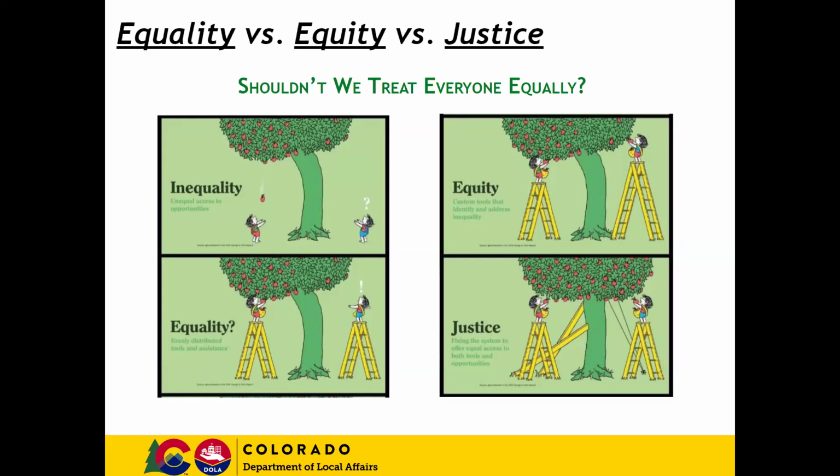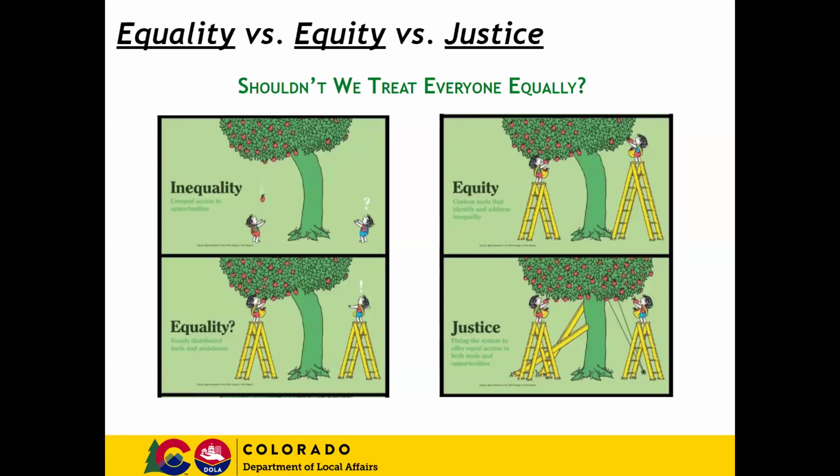And so in this tab, you see they each get a ladder, but one ladder is going to be taller so that the child on the right has better access to the resource, or equal access as the child on the left has. And I think ultimately, in the bottom tab, you see the graphic for what they're calling justice.